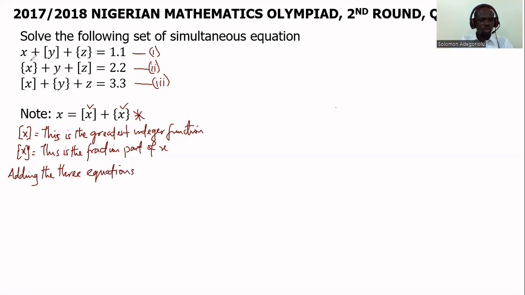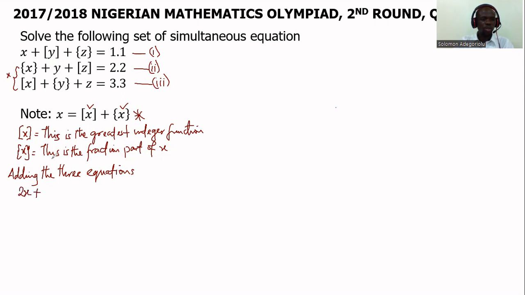We're adding x plus y plus z. Also take note that the addition of this part will give us x. So x plus x will be 2x.